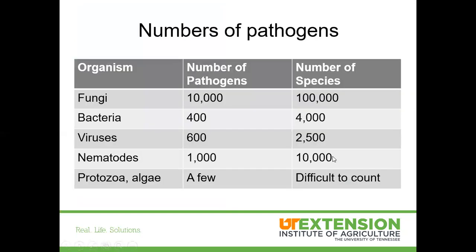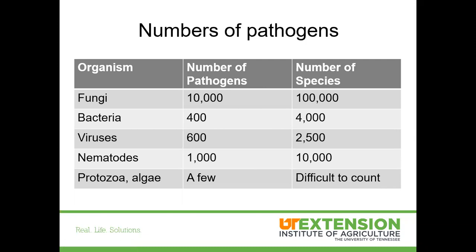Now, the number of plant pathogens, this chart shows, like fungi, we have 10,000 different fungi that can affect 100,000 different species of plants. Bacteria, we might name 400, and they will attack 4,000 species of plants, and so on and so forth. So that's kind of the way we keep track of things.